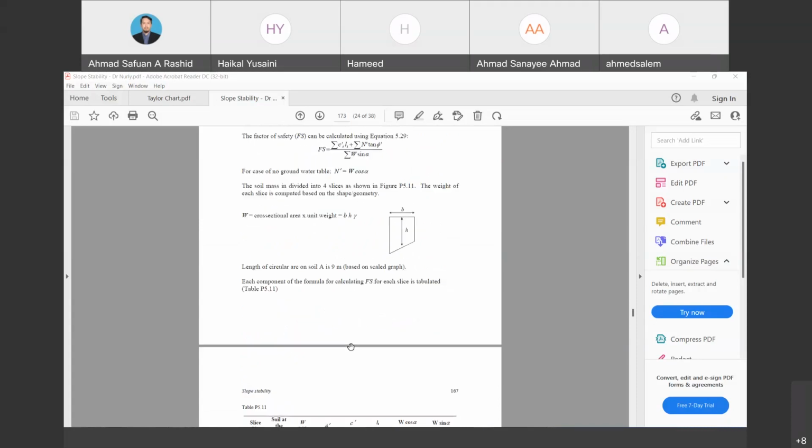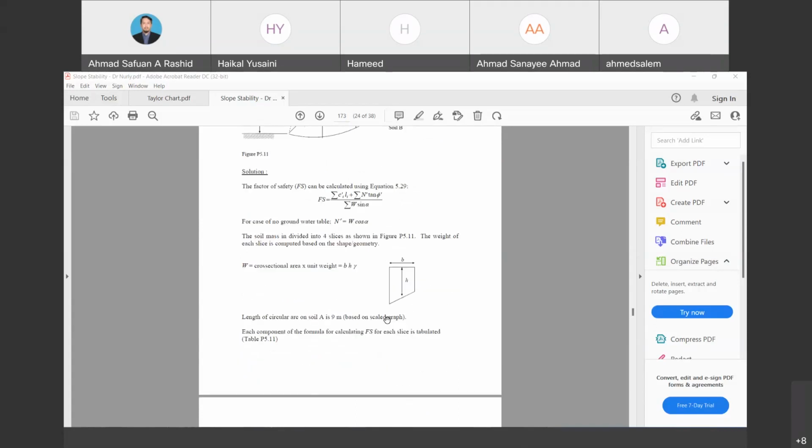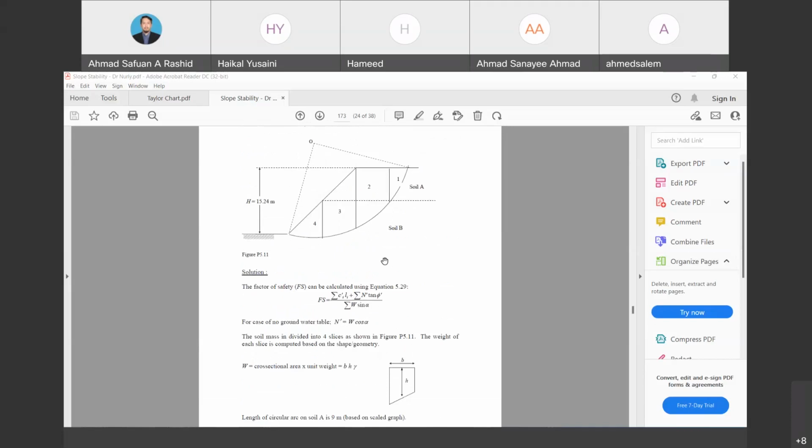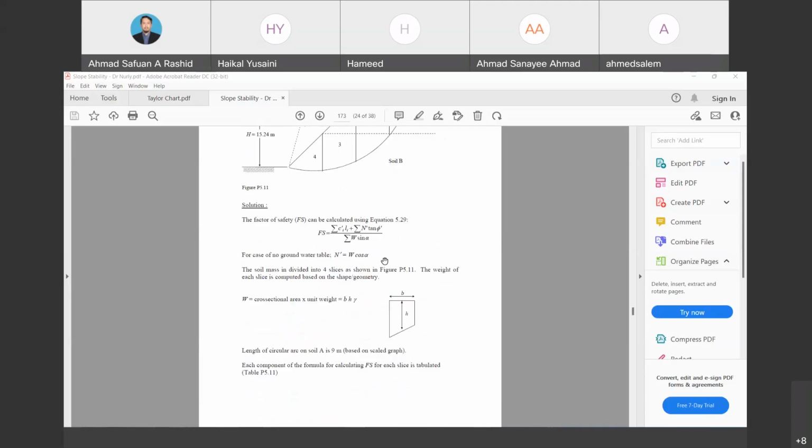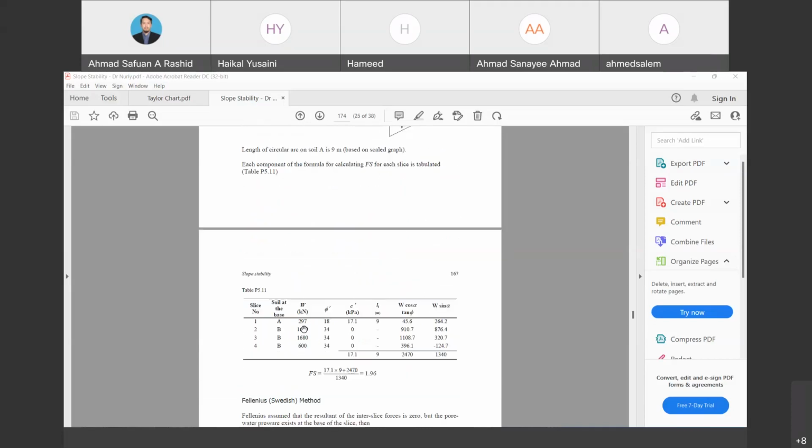It is recommended to put this on the scale graph, but in this example it doesn't show how. So we just look at the values: W is equal to 297, and the last one is 600. Phi is equal to 18, and 34 for the rest. C is equal to 17.1 and 0 for the rest. The length is equal to 9.